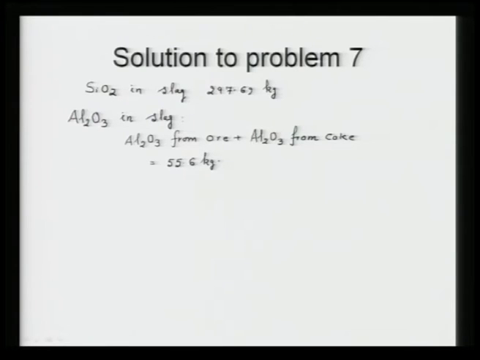Now, in such type of problem where you do not know anything about the composition of the slag, then you must know what elements are entering into slag. In earlier problems, if you recall, the composition of slag was given. In one of the problems, it was said that the slag contains a certain percentage of calcium oxide.